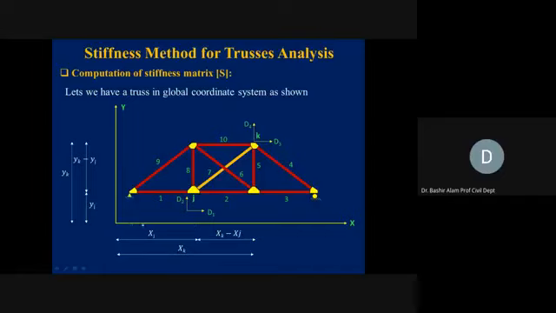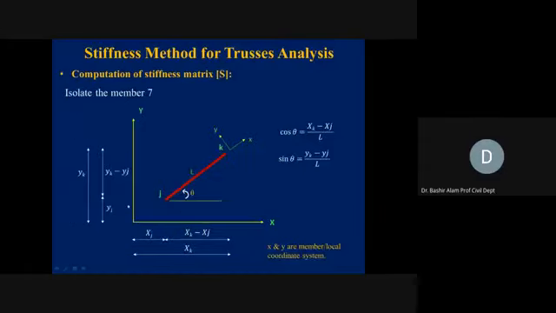Similarly, along the y-axis, the location of this J is Yj from the origin of this global coordinate system, and the location of this joint K, it is Yk here. So the vertical projection of this member 7, it is Yk minus Yj, which is recorded here. So this line should be at the top.